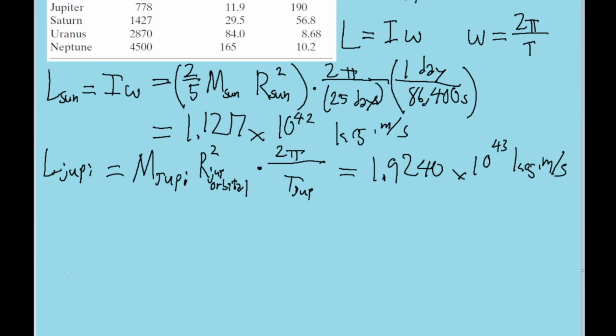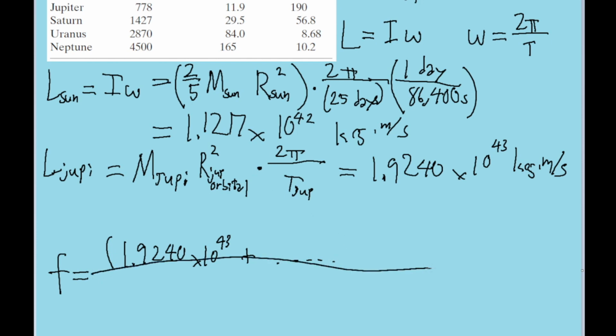What we end up finding is that the fraction f is equal to, in the top, the sum of the angular momenta for the planets. For Jupiter, that's about 1.9240 times 10 to the power of 43, and so on and so forth, just keep adding what you get for the angular momenta of all the others.